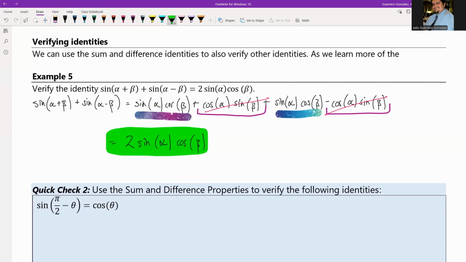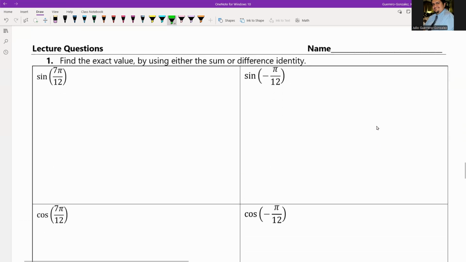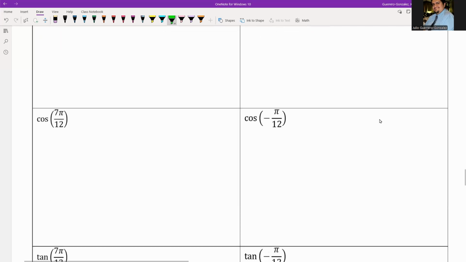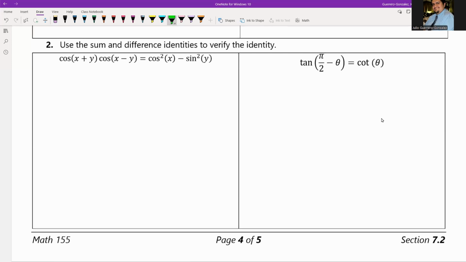After this, quick checks. We'll do these in class, and then lecture questions. We'll practice these all in class. I've got you doing a couple of trigonometric identities right there.